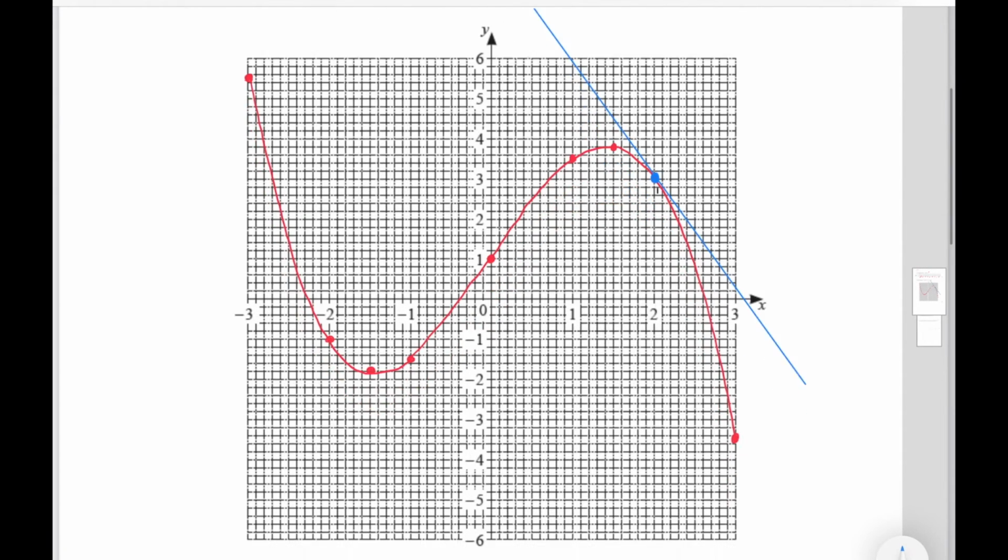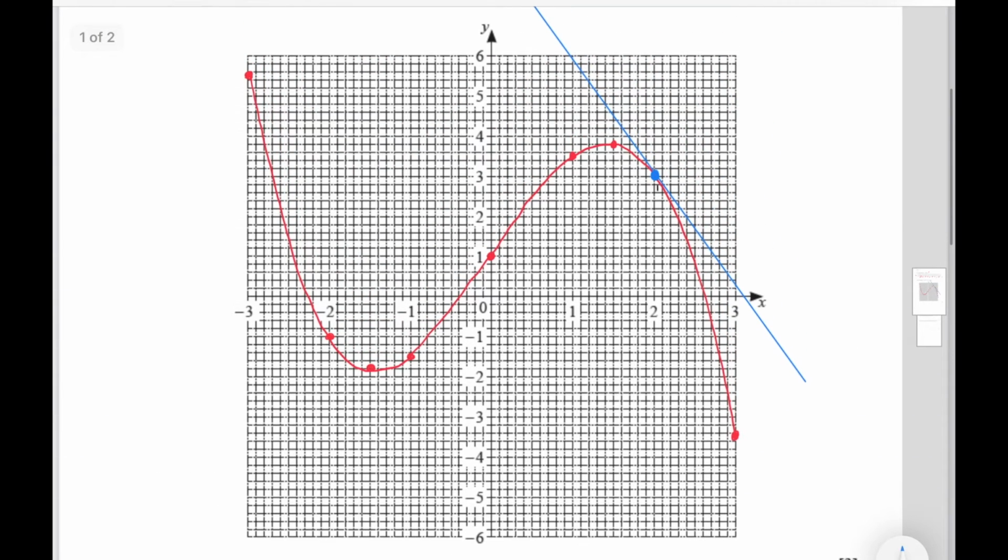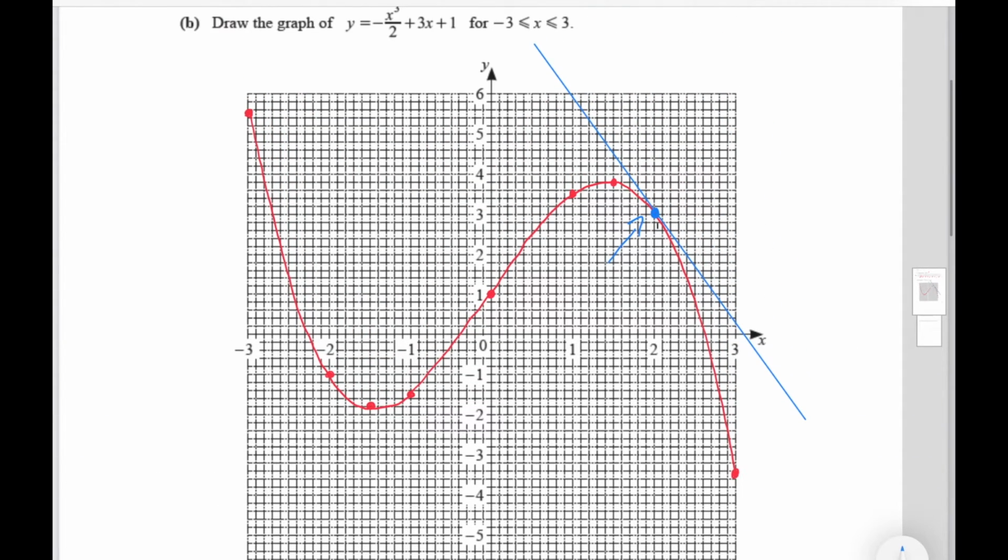Now we have to find the gradient of this tangent in order to find the gradient of the curve at this point. So let's pick two values. One of the values is going to be over here. The coordinates of this are 1 and 6, and let's pick another point, which has coordinates 3 and 0.1.